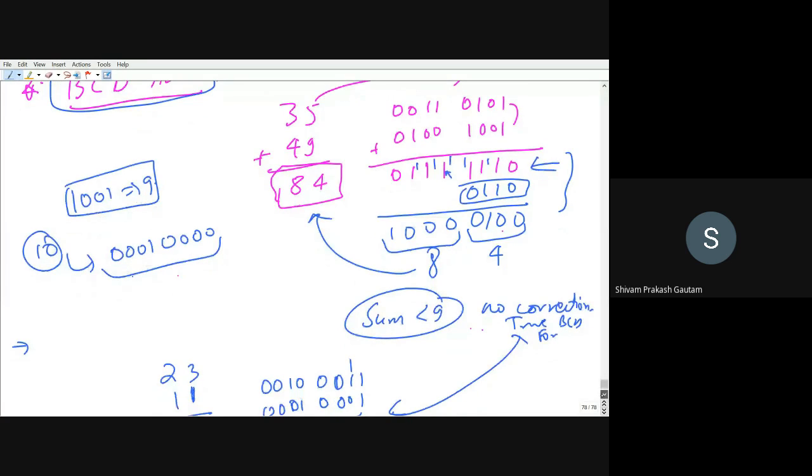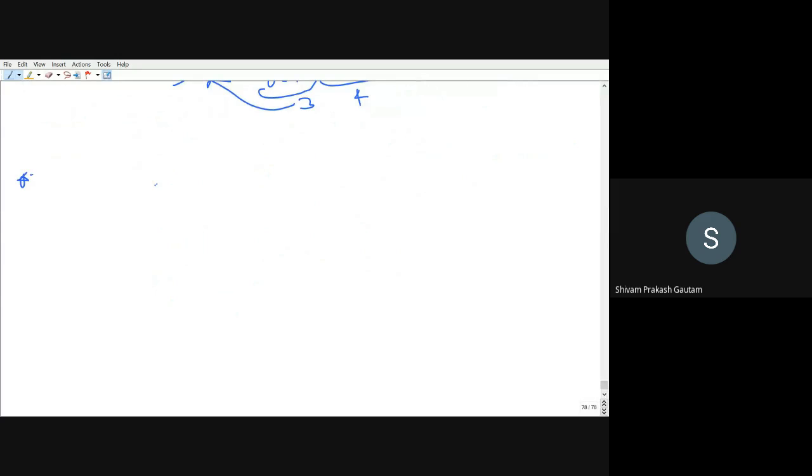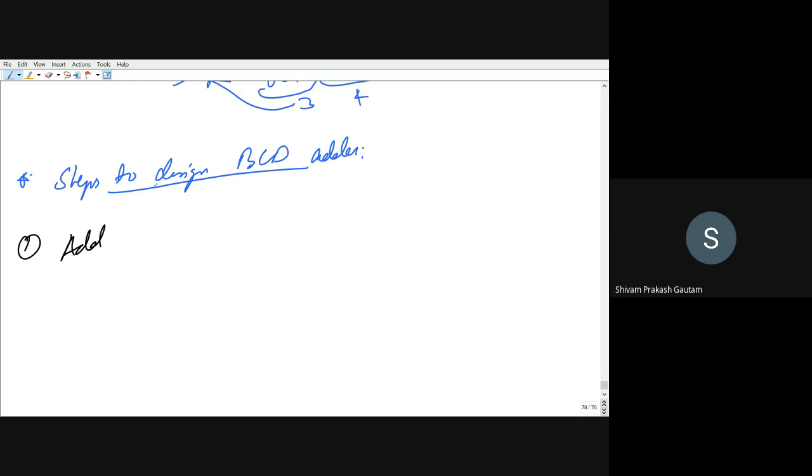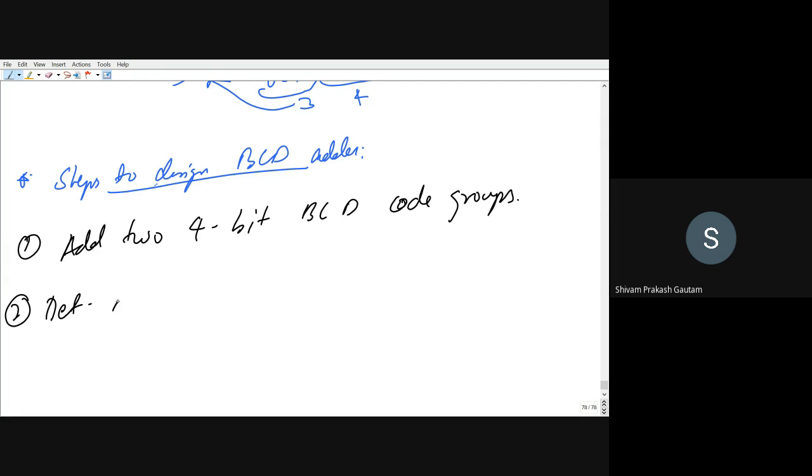So steps to design a BCD adder. First is add two 4-bit BCD code groups. Second step is determine if sum is greater than 1001, that is 9.